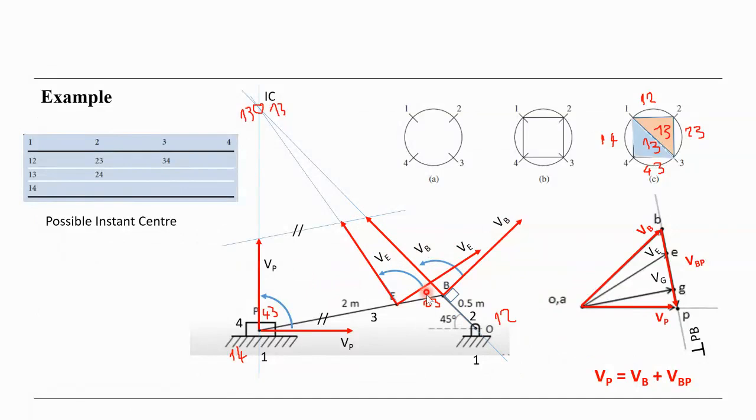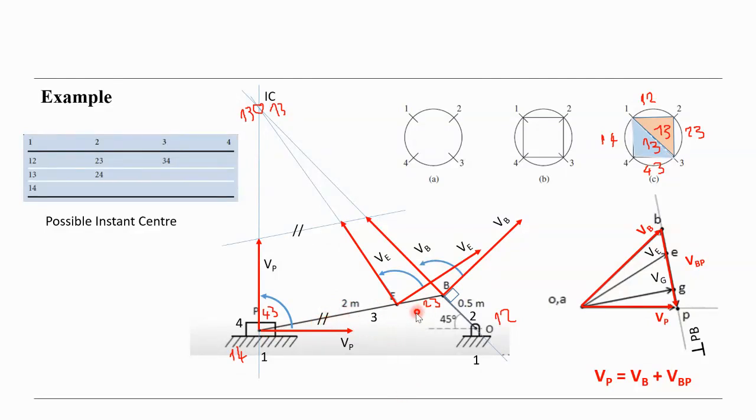Then we also turn VP 90 degrees in the same direction and indicate it on that line. If we draw a parallel to the line PB between these two points, this is the line where the ends of the absolute velocities of all the points on this link lie.